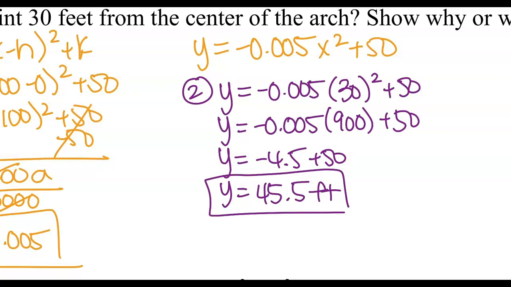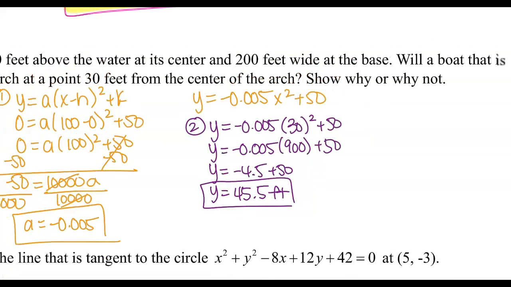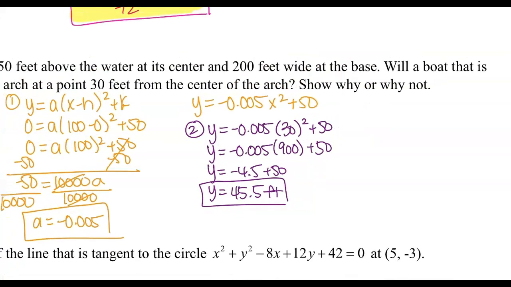So what does this value mean? That means that at 30 feet across, so when you're 30 feet from the center, the highest your boat can be that will reach through your arch is going to be 45.5 feet. So what does that mean about the boat we have that's 42 feet tall? Is that going to pass through? It will. So over here in green, I'm going to write this out.